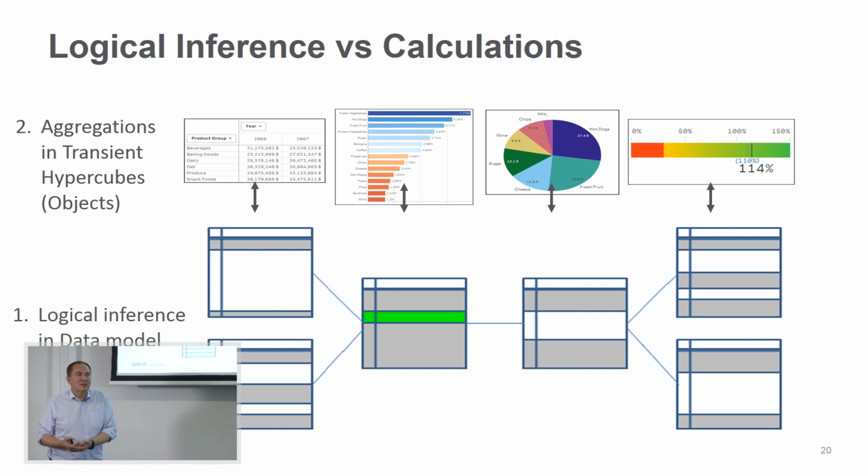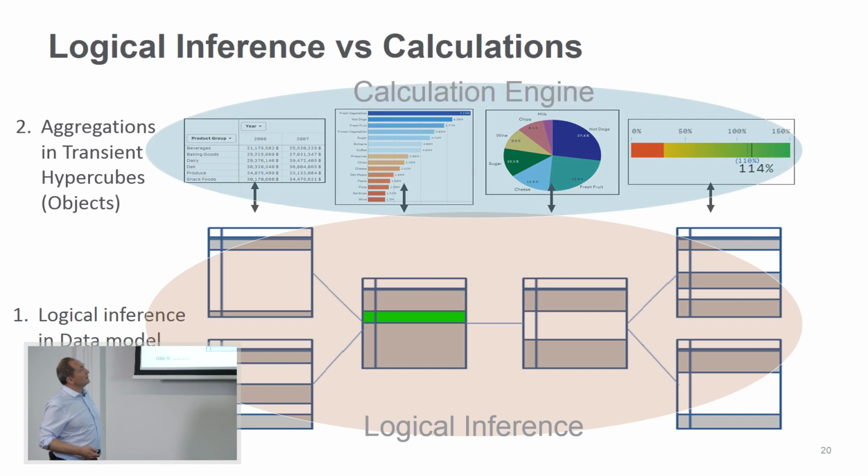If you put 16 dimensions into one cube in the Qlik engine, you'll have problems. But you rarely want to do that. You don't need to, because since you can make many different charts, you can choose the 1, 2, 3, maybe 4 dimensions that you need, and that's it. So you click in a pivot table, and you get the answer in a bar chart. Perfectly possible. So, logical inference and calculation engine.